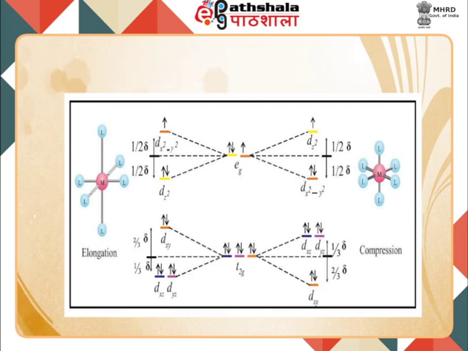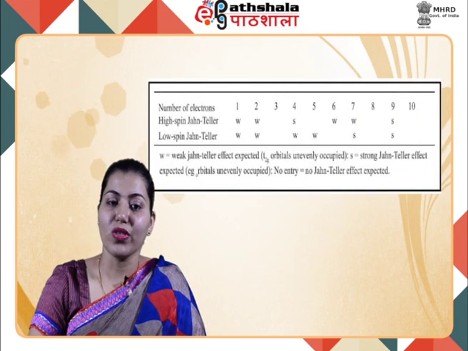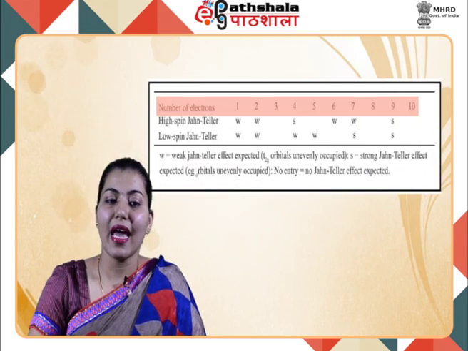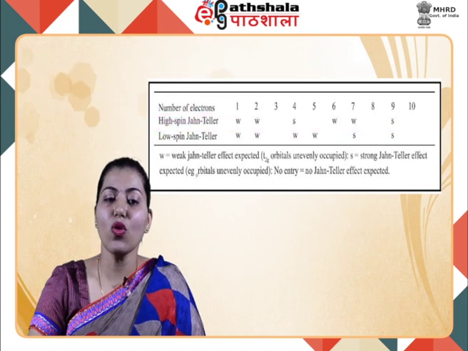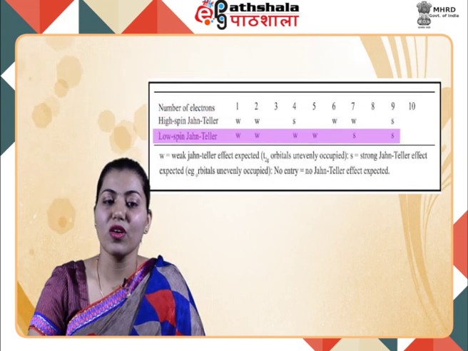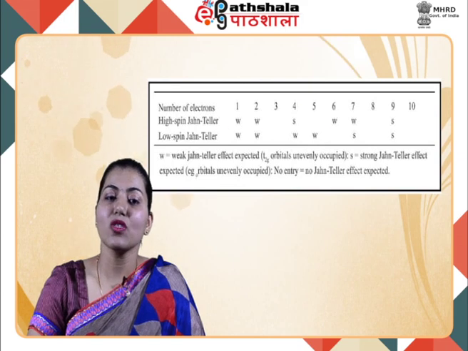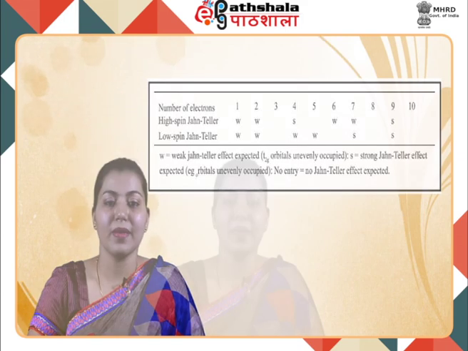z-axis compression or tetragonal compression. Table 1 is given, which shows the number of electrons in high spin Jahn-Teller and low spin Jahn-Teller distortion followed by these configurations.